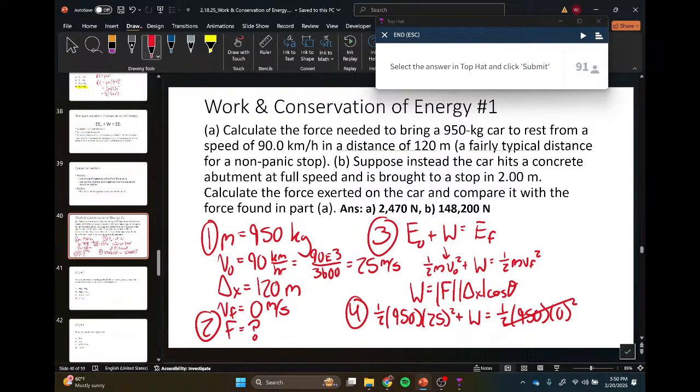I'm going to write out every step. Better safe than sorry. It takes more time, but it results in fewer questions.